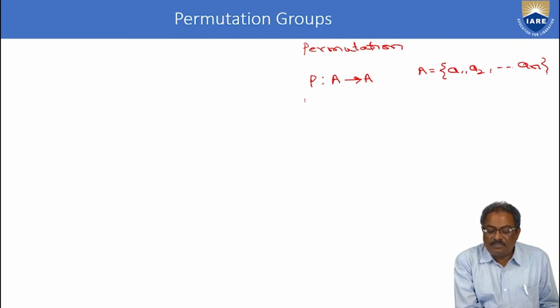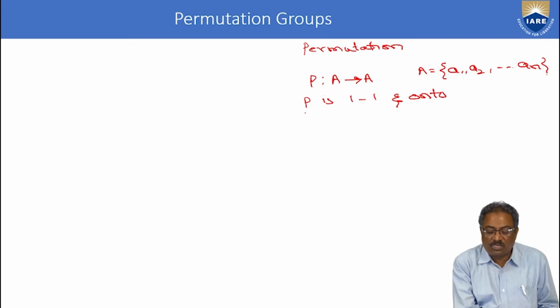If P is one-to-one and onto, that is, if P is a bijection, then it is known as a permutation function.